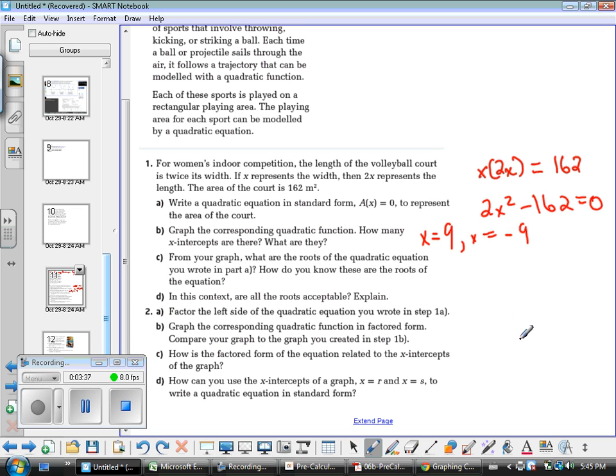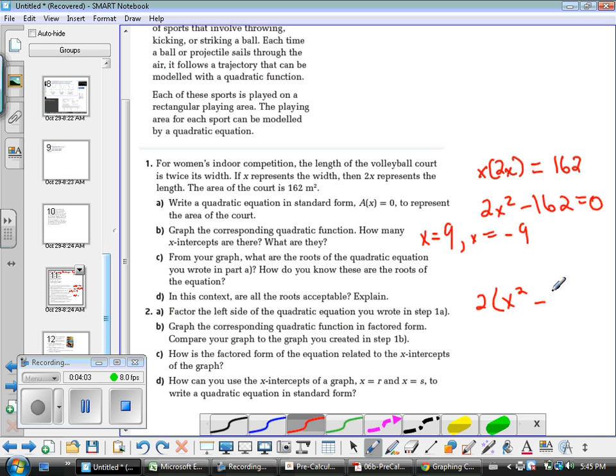Factor the left side of that quadratic equation. You have to think back a little bit to foundations here, but you might remember that the first thing you do when factoring is take out any common factors that are present. So you take out a factor of 2, leaving x squared minus 81.